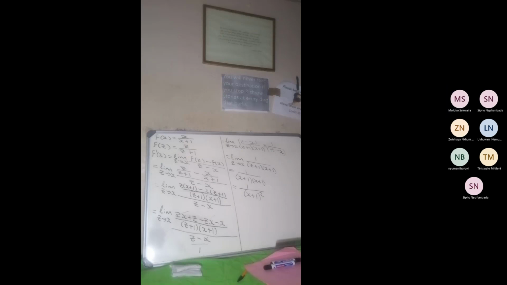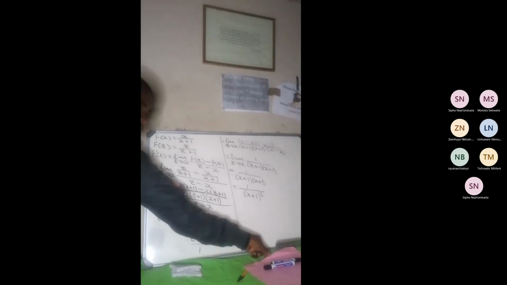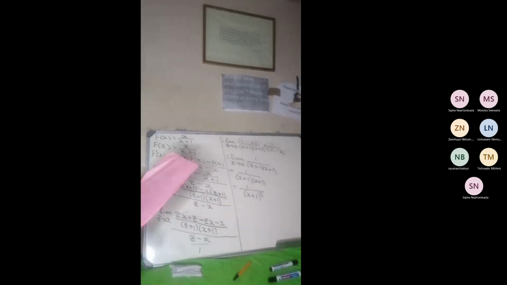No. So if you find a question that says use the first principle or use the rule, this is the rule that you are going to use, the one for limit of z approaching x. Here at tertiary, we are not interested in the one for limit of h approaching 0.